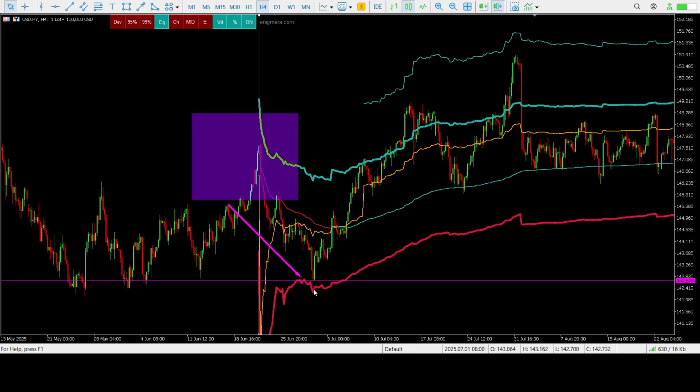So what is happening on the daily chart is quite important, and this point here of the market is the grabbing of the liquidity on daily.